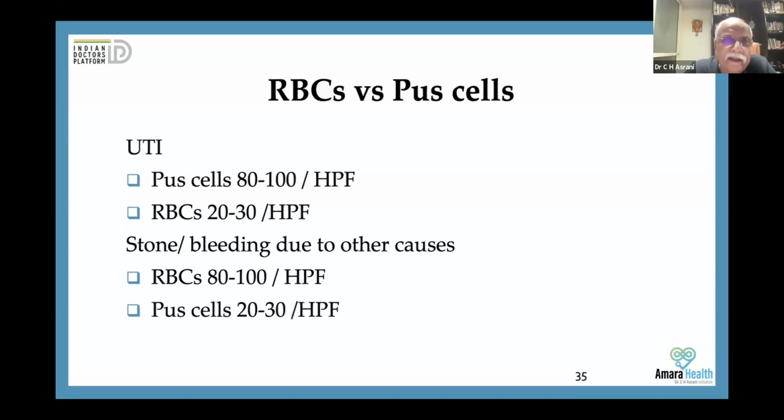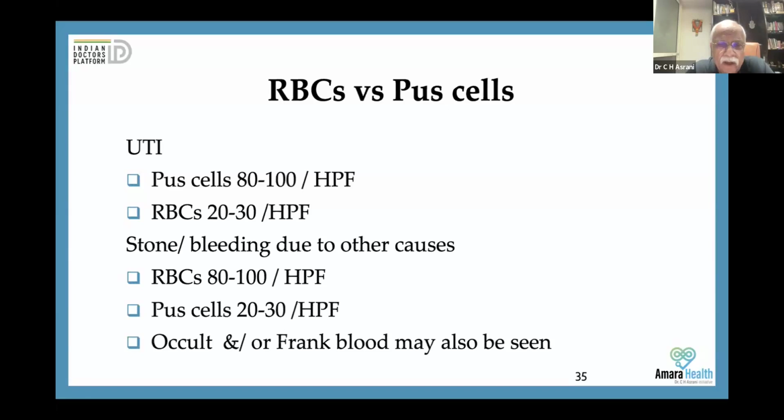This is not UTI, this is bleeding due to some other cause. Occult and frank blood seen, the patient is not menstruating, male patient, consider bleeding. If the patient is on double blood thinners, clopidogrel and aspirin, then rule out bleeding elsewhere also.